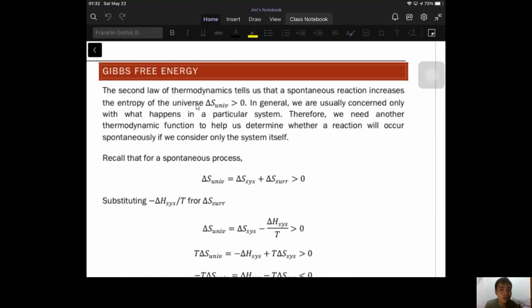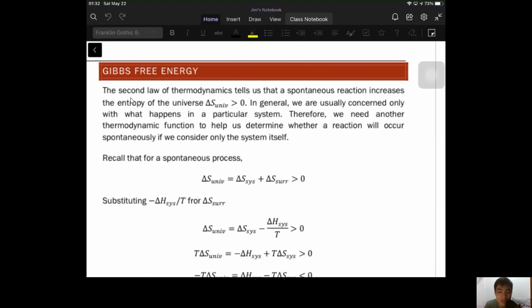Technically, mahirap talaga isolve yung delta S surroundings, kasi hindi lang naman yung heat from the reaction to the surroundings yung magko-contribute. May other factors pa, so we are doing approximations lang doon. That's why we have to do this. This is the last topic naman na, so please bear with me.